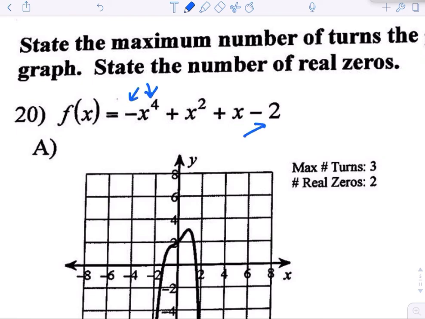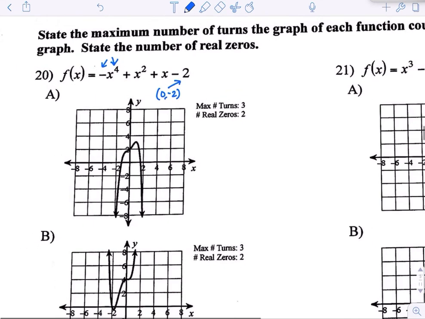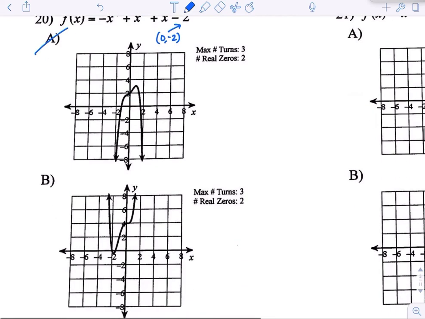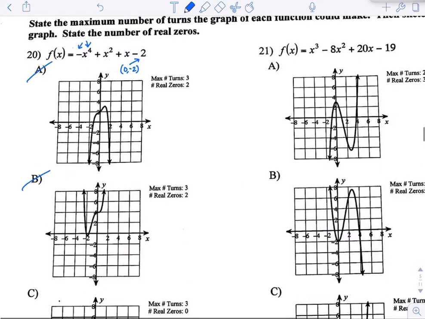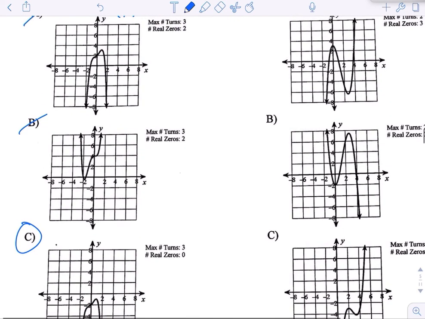And I'm looking at this, which is my y-intercept is (0, -2). So let's look for a graph that goes down, down, and gives us a y-intercept of negative 2. That one does not, because the y-intercept's 2. This one does not, because that's a y-intercept of 4. This one does not. Oh, this one does, because it has a y-intercept at -2. So, C.